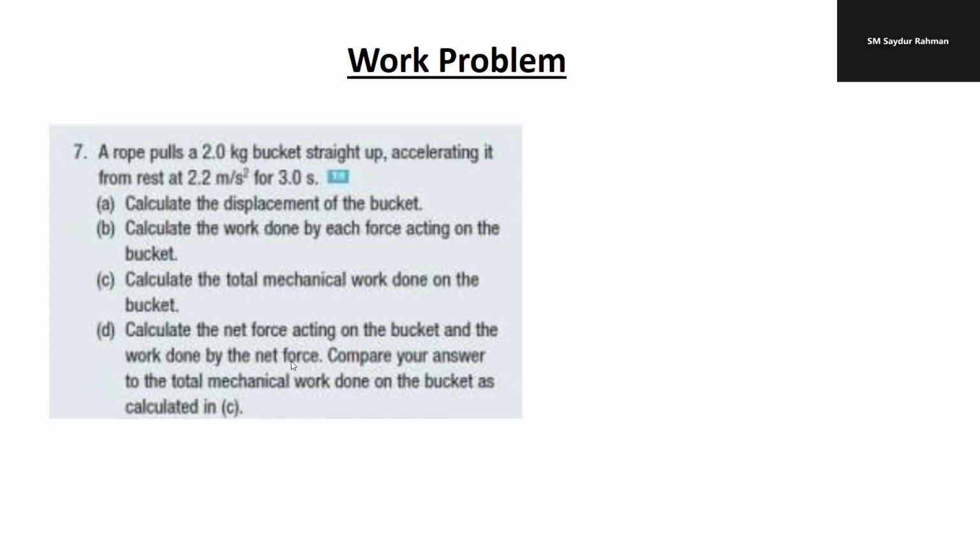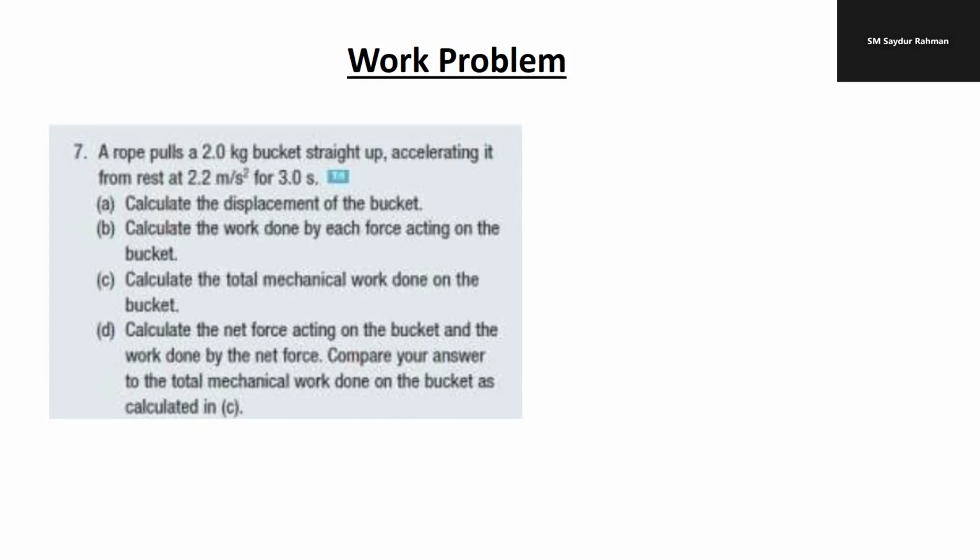And we have to compare our answer to the total mechanical work done on the bucket as calculated in C. That means we have to find out what is the net work done in part C and what is the net work done in part B, and we have to see what is the difference between them, or are they the same.